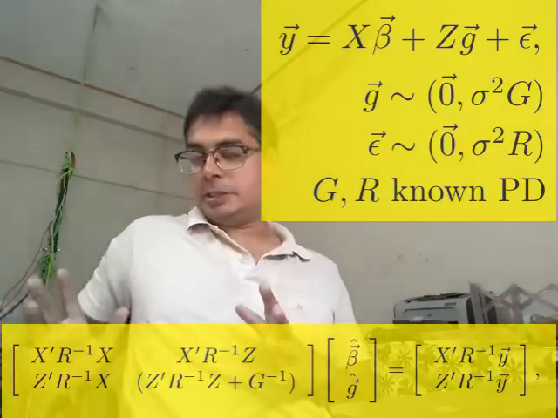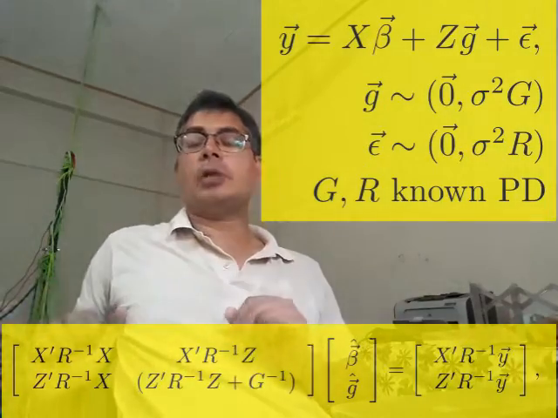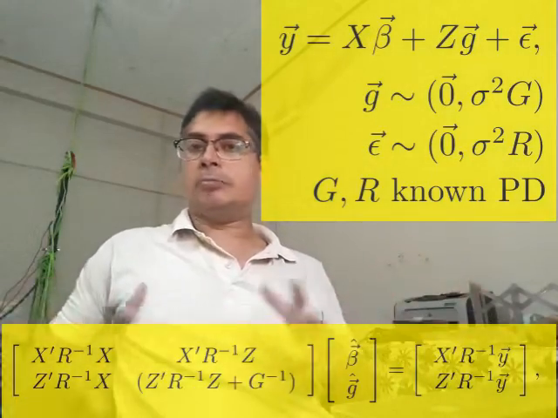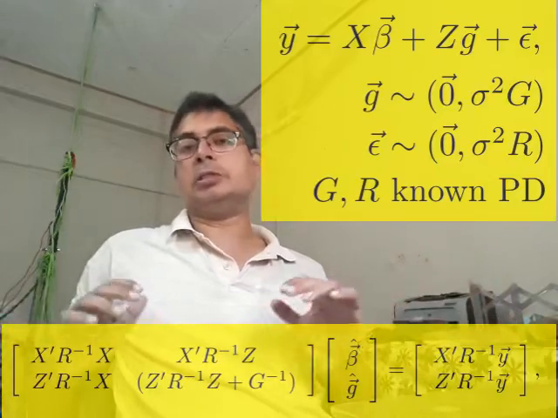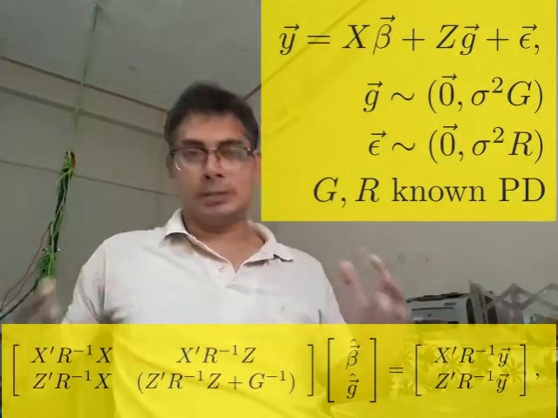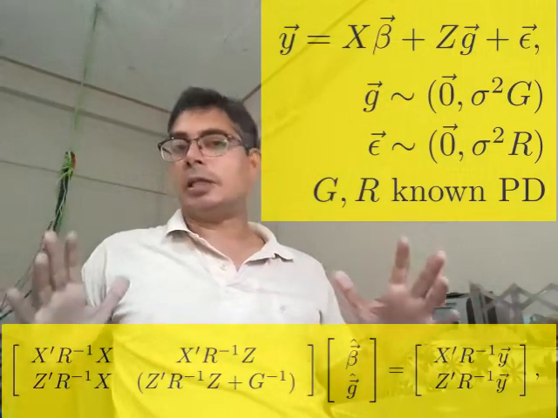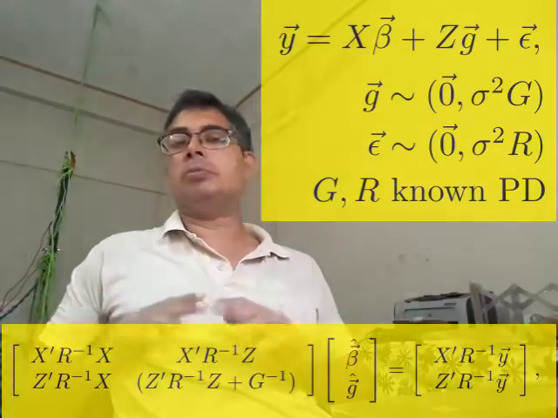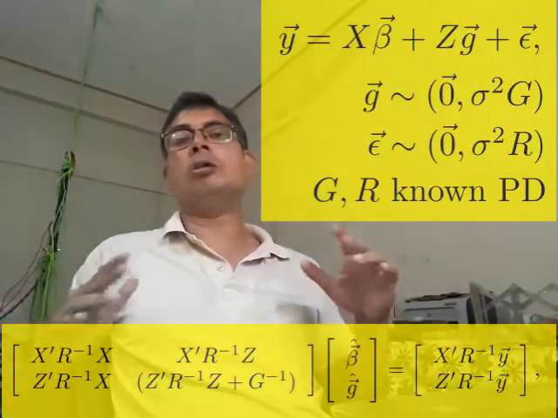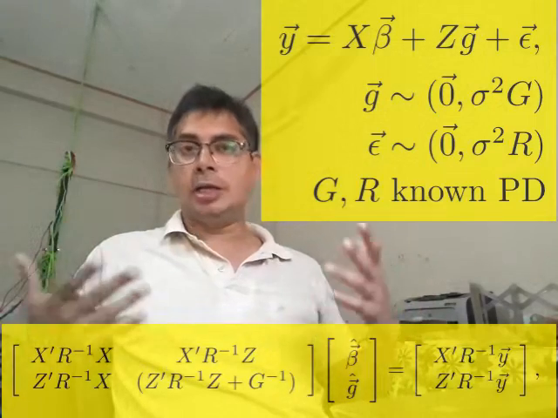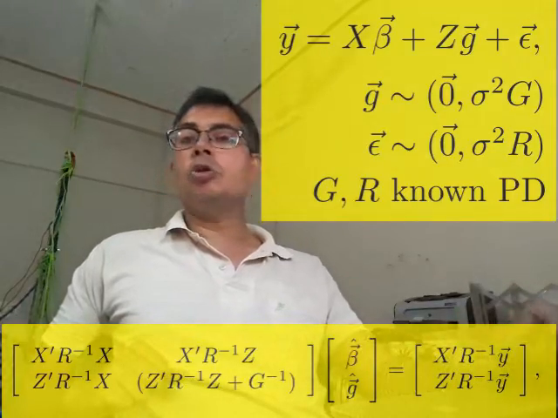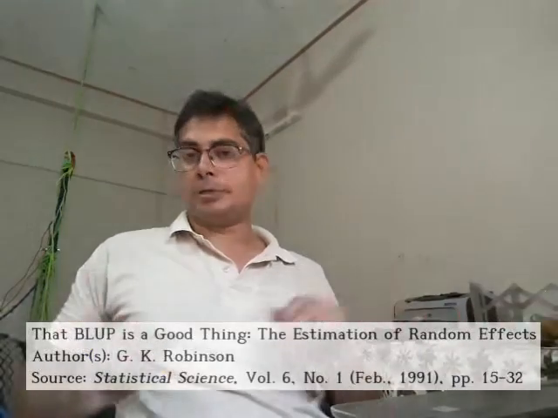Now the proof of this is pretty complicated, and I do not want you to cram this complicated equation. I mention it just for the sake of completeness of our lecture. If you are interested in knowing how people arrive at these things, or how BLUPs are used in animal husbandry and places like that, I would suggest that you go through this particular paper.